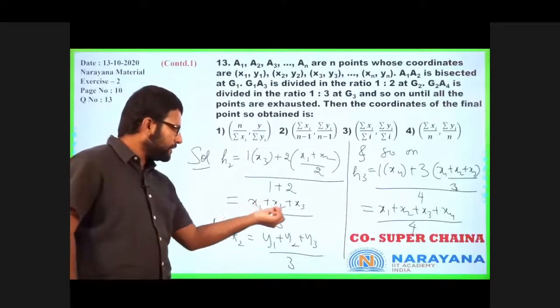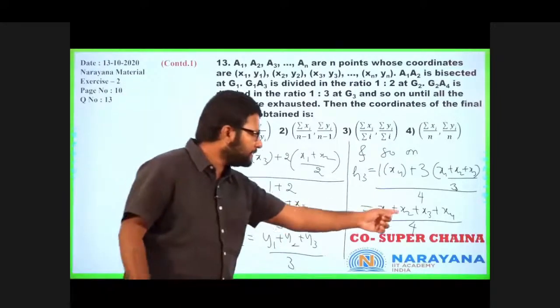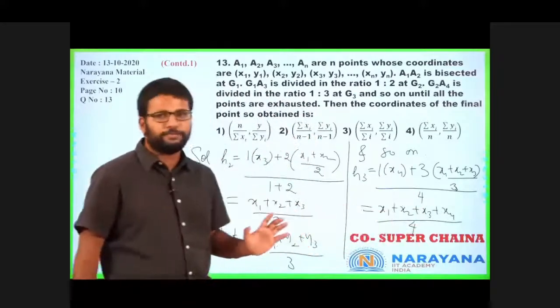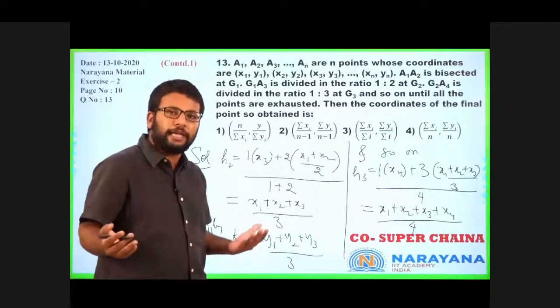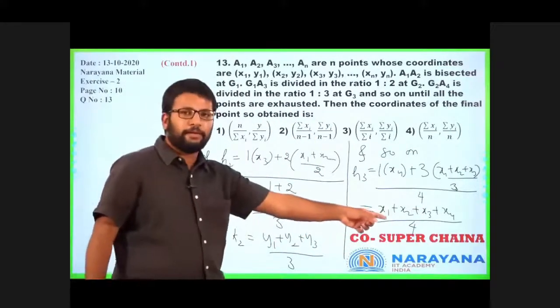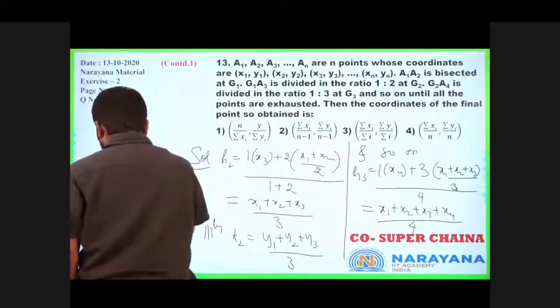x1 plus x2 by 2, x1 plus x2 plus x3 by 3, x1 plus x2 plus x3 plus x4 by 4, right? So you just keep adding your xi, and you just have to divide by i, whatever is the last number.